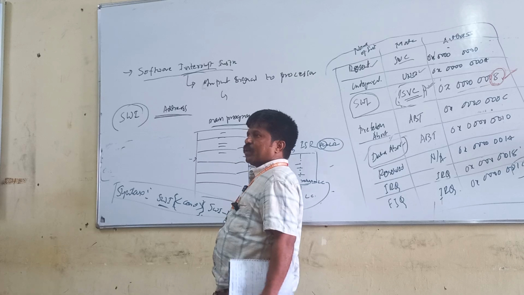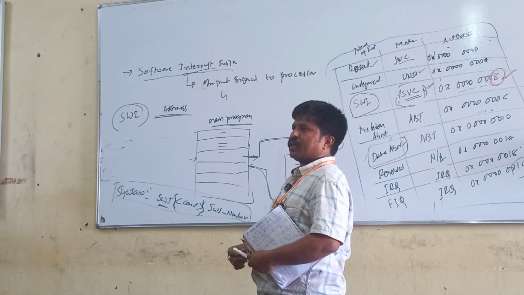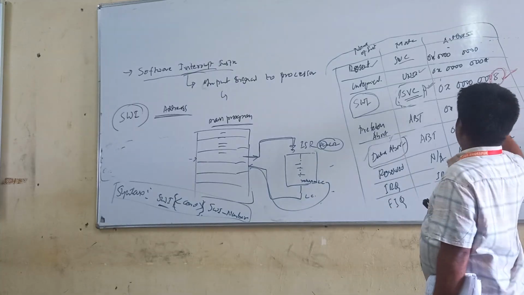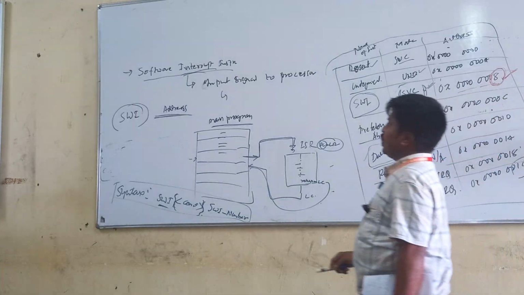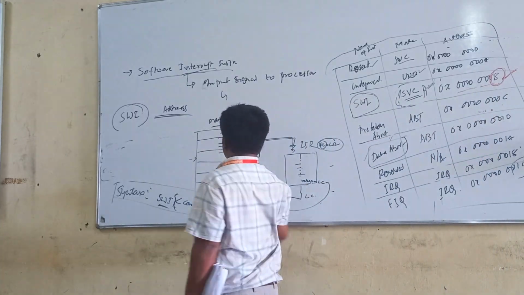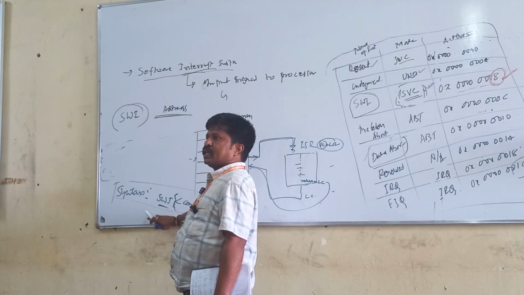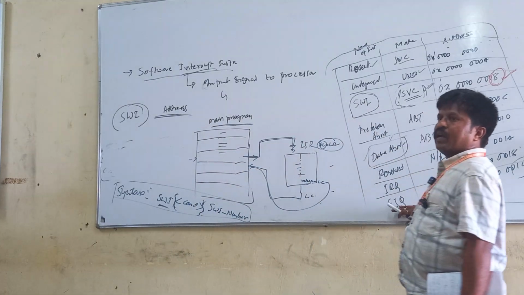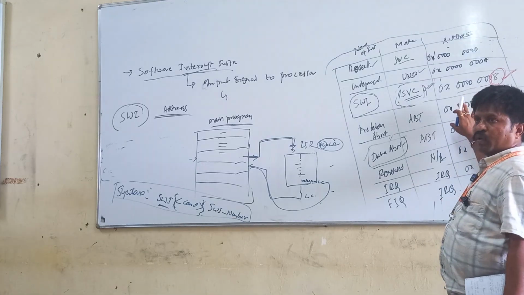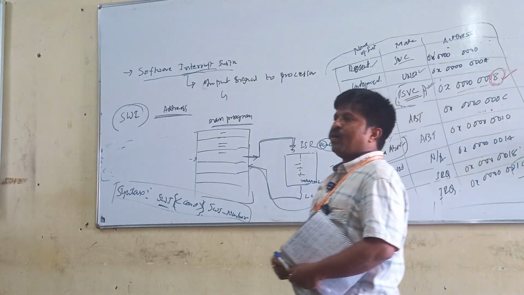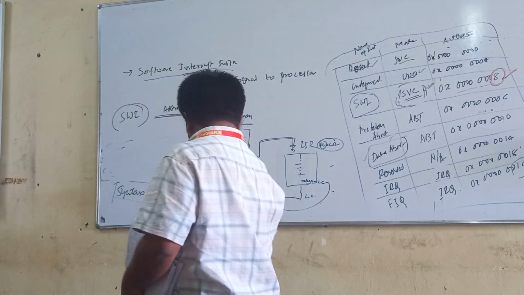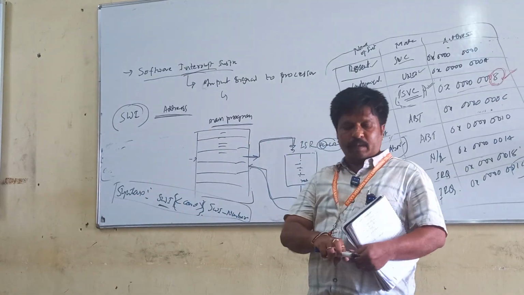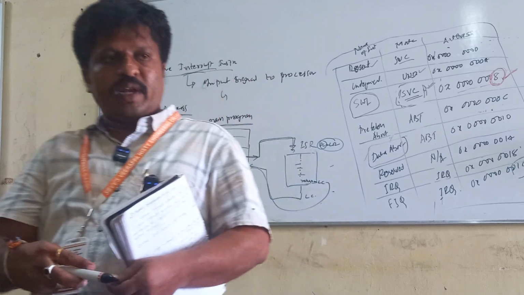Whenever the software interrupt instruction executes, my processor will definitely move to the supervisor mode, which has the offset of 8. That is the definition. Then you have to write the figure, then the syntax, thereafter this table. About this table you can write in your own words, and later you should give one example for this instruction.